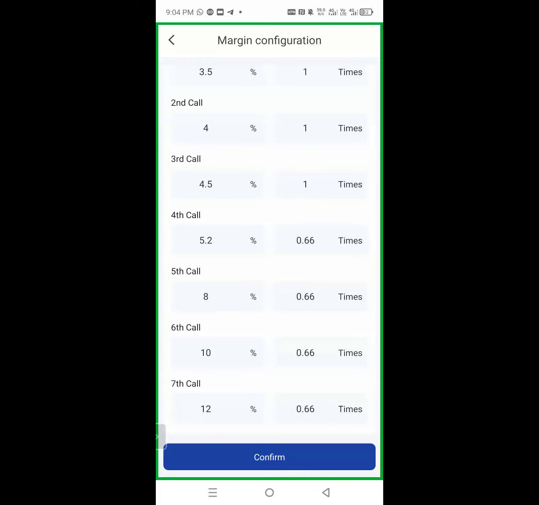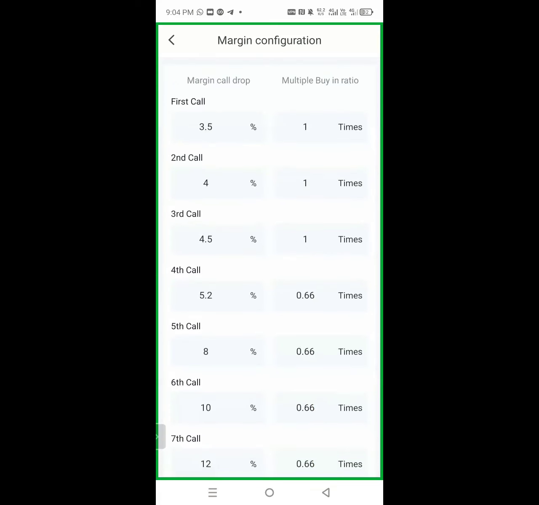So if you want your fourth margin to be $10, fifth margin to be $10, sixth margin to be $10, you will put something that when they multiply by 15, which is your first buy amount, it will give you 10. So it's 0.66. Okay, so that is to explain the right hand side of the margin configuration.